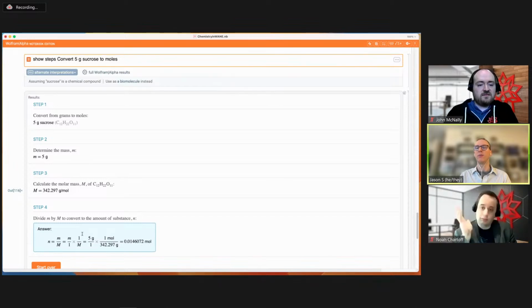So being very specific about how to lay out all the details, and then showing how we have 5 grams and the grams cancel in the numerator and the denominator, and we're left with just moles, and that's shown in the final calculation.